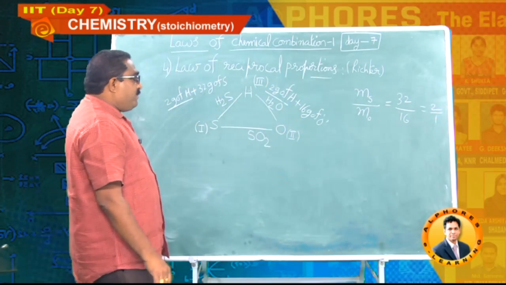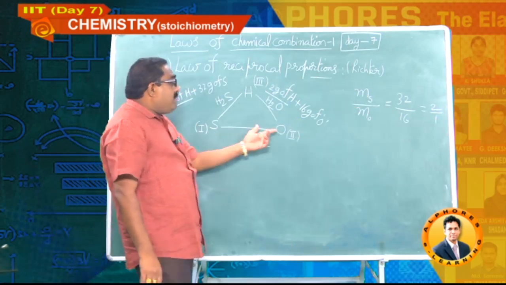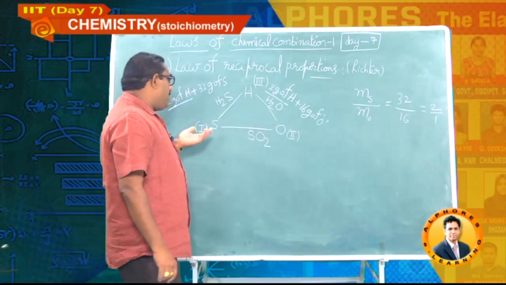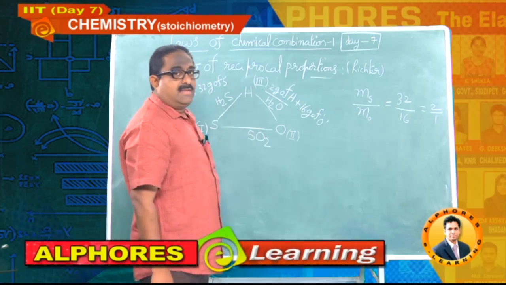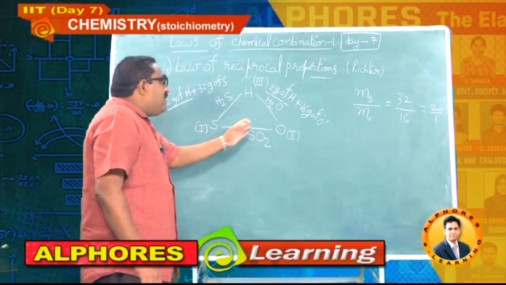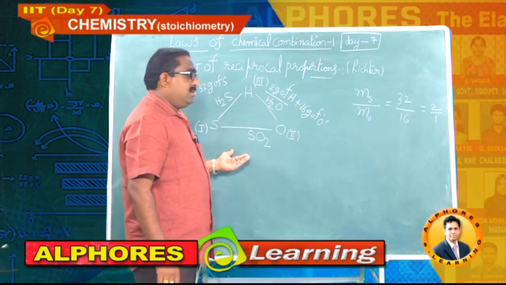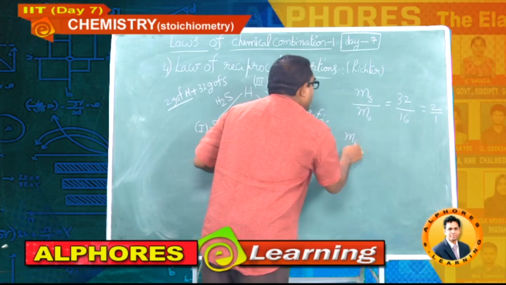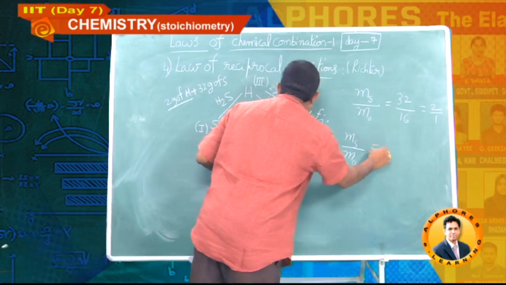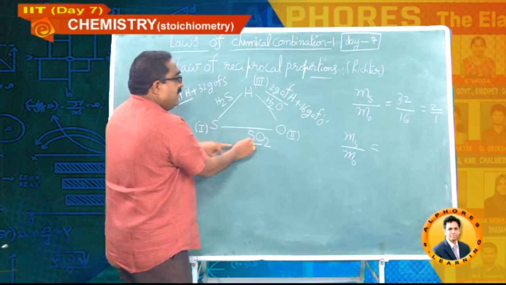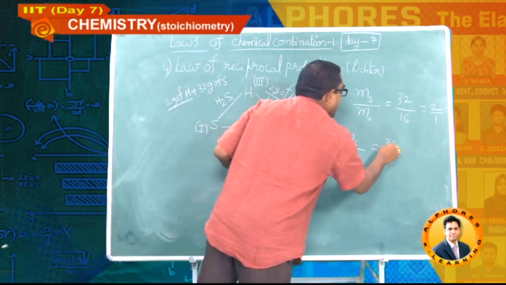And here again, in this compound it is formed directly from again first and second elements. Now mass ratio of sulfur and oxygen in this compound formed by the direct combination, I am writing here mass of sulfur by mass of oxygen in sulfur dioxide. Sulfur again same 32 grams atomic mass.